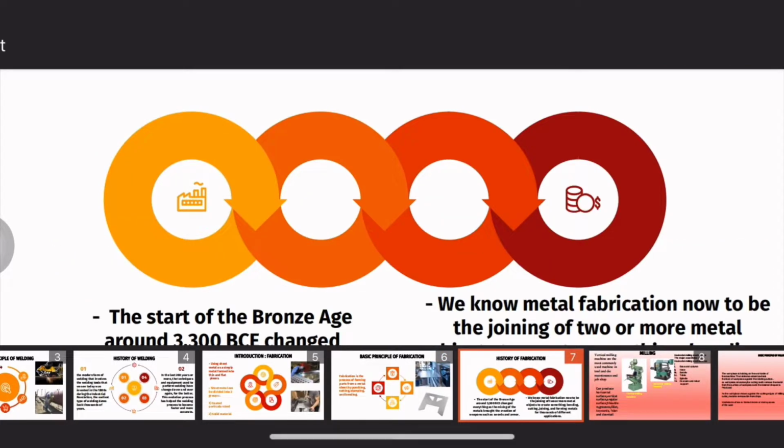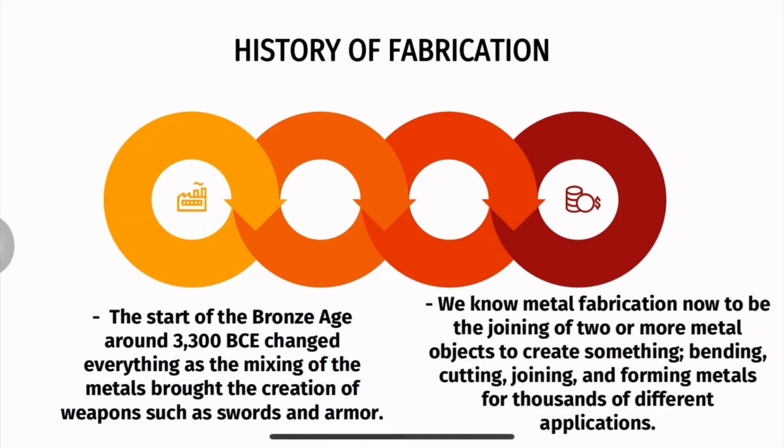Okay, the history of fabrication. The start of the Bronze Age around 3300 BCE changed everything, as the mixing of metals brought the creation of weapons such as swords and armor. During World War One and World War Two, the process of fabrication was already used to make such items.